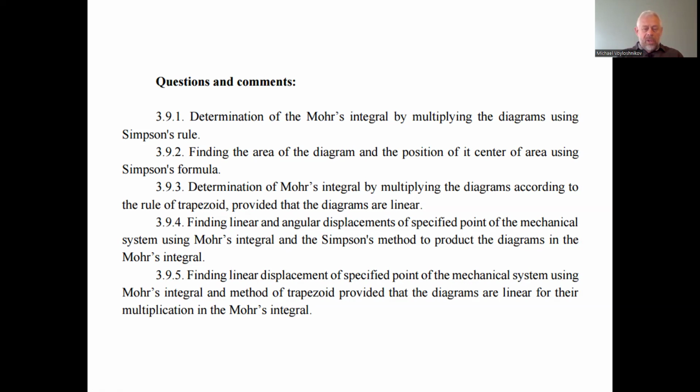For Mohr, we only have to have the magnitudes of the bending moments at the beginning of the element, in the middle of the element, and at the end of the element. We have to have the magnitudes of the bending moment under the action of the external load and under the action of the unit force. And the summands have factors inside the brackets.